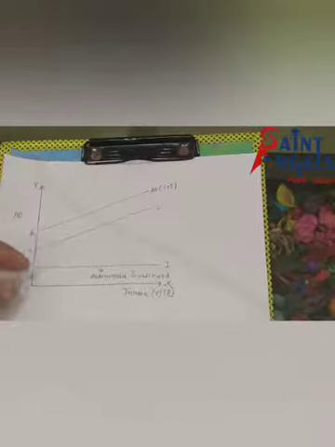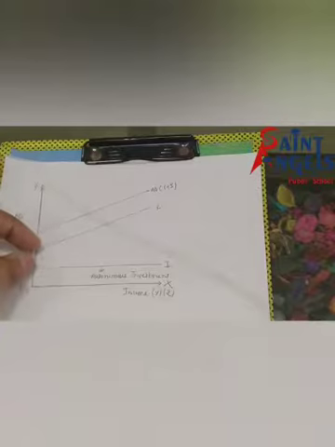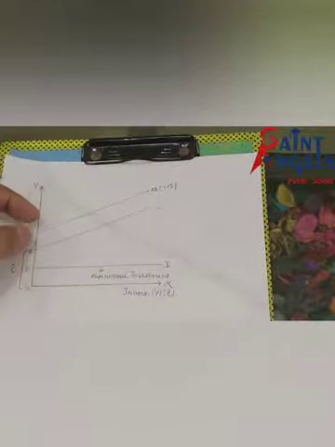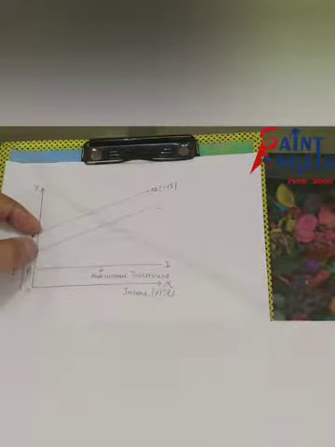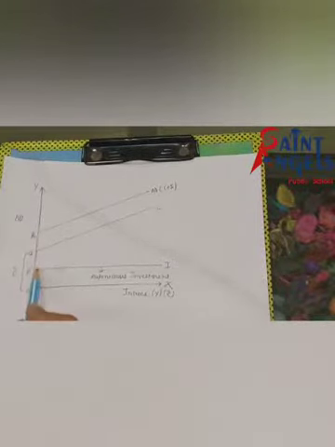See, this difference is equal to rupee 20, and this difference is equal to rupee 20, and this difference is equal to rupee 20. I hope all of you have understood.